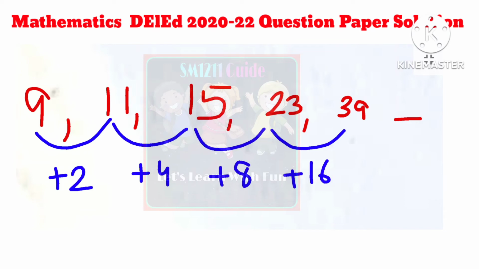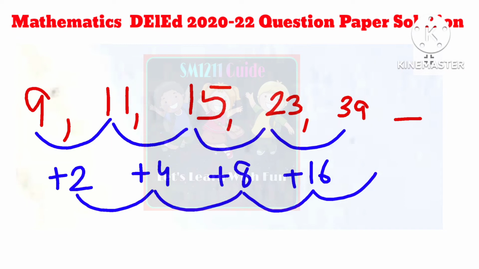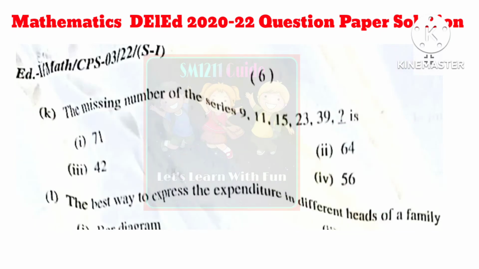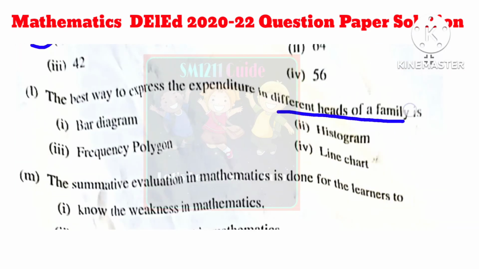If we observe, 2 twos are 4, 4 twos are 8, 8 twos are 16, so 16 twos are 32. So 39 plus 32: 3 plus 3 is 6, plus 7, we get 71. So 71 is our correct answer, option number 1.